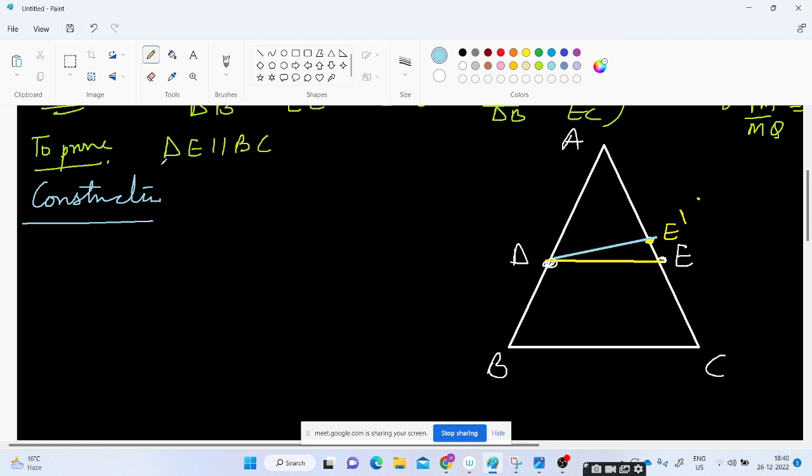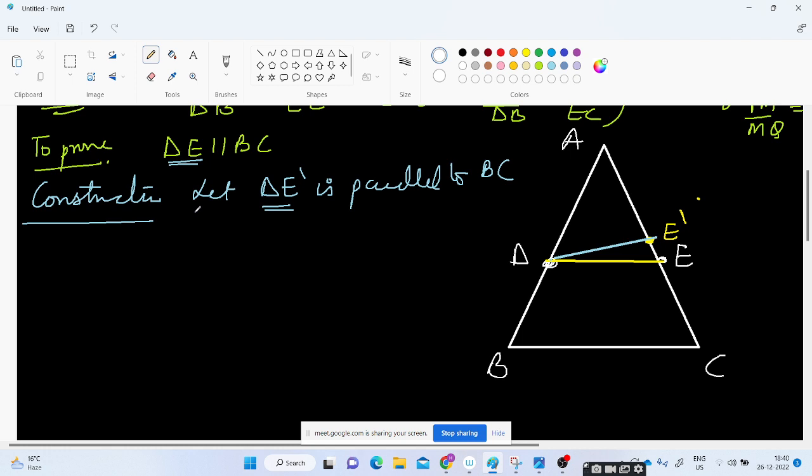That is, let DE dash be parallel to BC. But we have to prove DE is parallel to BC, but we assumed DE dash is parallel to BC. ठीक है, तो now will do the proof here.